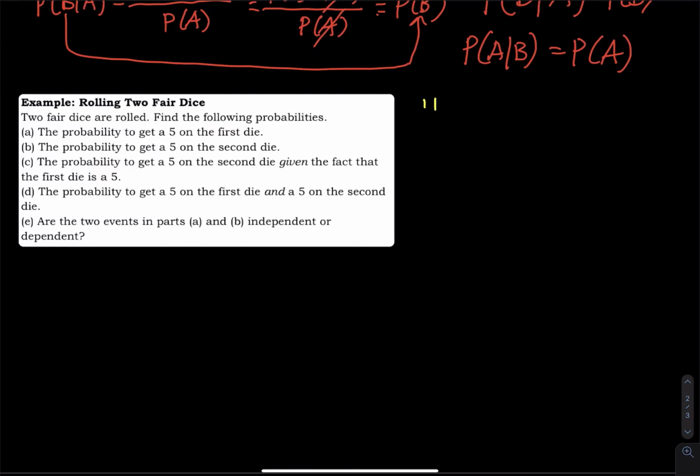So we have 1 1, 1 2, 1 3, 1 4, 1 5, 1 6. This is not sixteen. 1 6 means the first die is a 1. The second die is a 6.